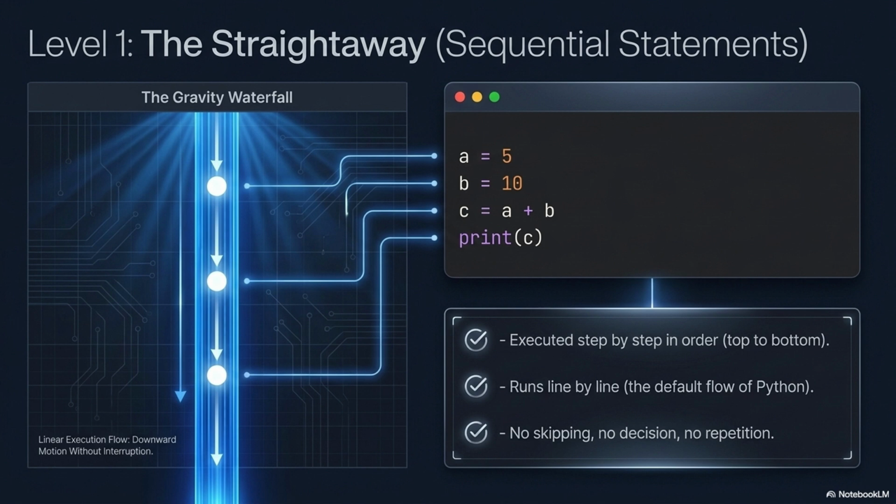It just goes like a waterfall: water falls down in one direction, it doesn't come up again, and it has no interruption. Our code is executed like that, like a waterfall.